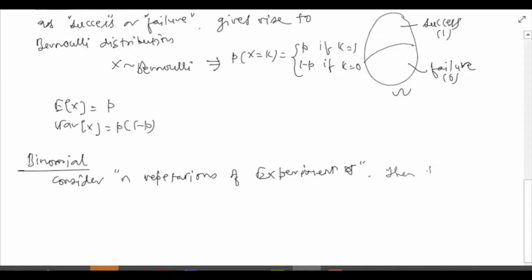Then the number of successes is given by the binomial distribution.